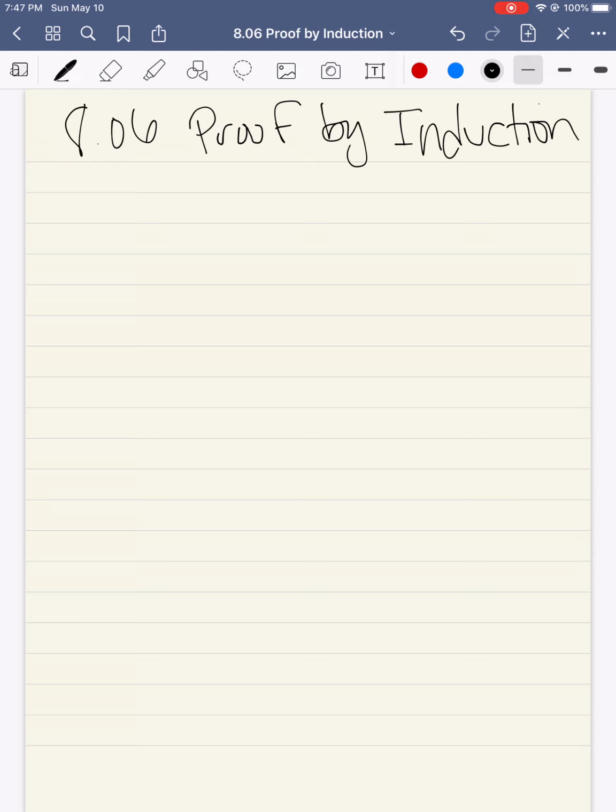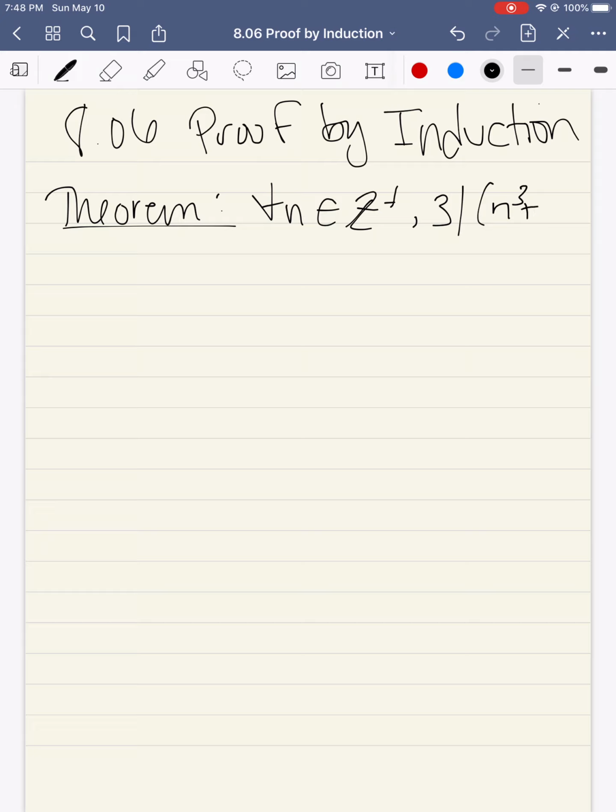So I think the best way to do this is just to dive into a proof using this method. Let's first start with a theorem. We have for all n, a positive integer, 3 divides the quantity n cubed plus 2n.